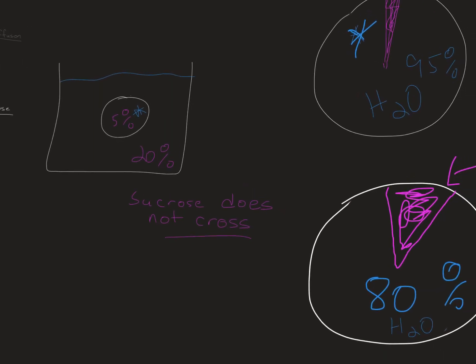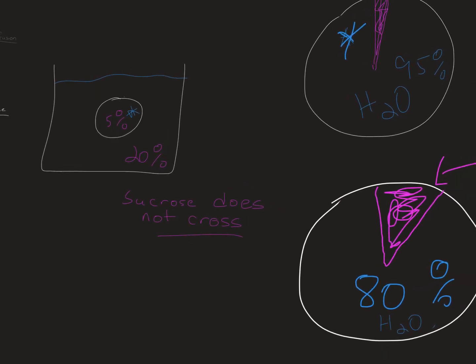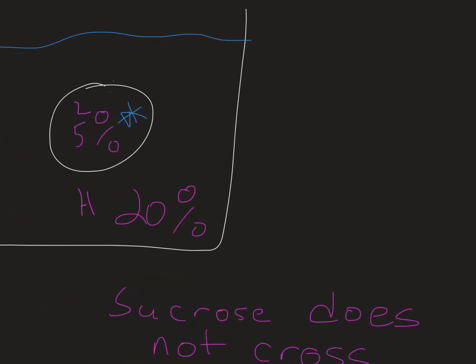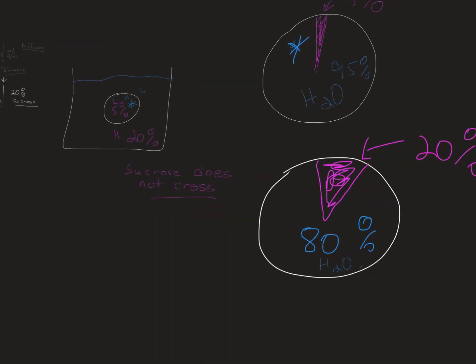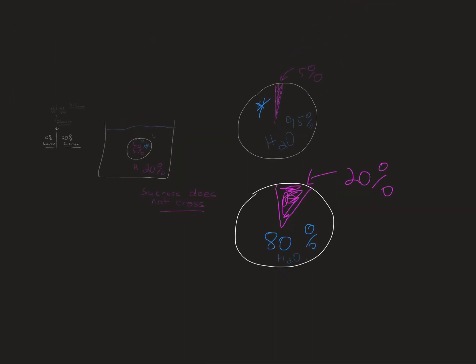So if we're looking at a hypertonic solution, the solute is higher outside and lower inside, correct? But if we're looking at water, water is higher inside and lower outside, where the solute is higher outside and lower inside. They're going to be opposite each other. Does that make sense?